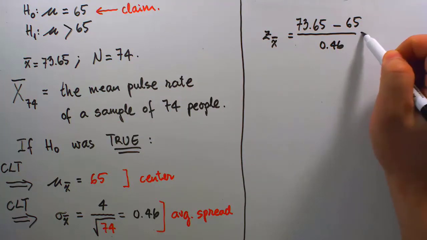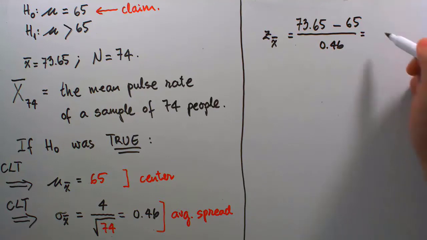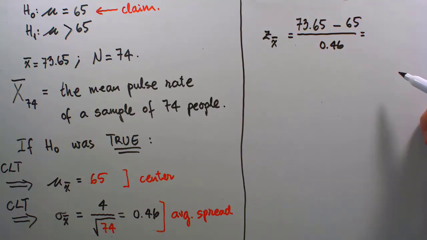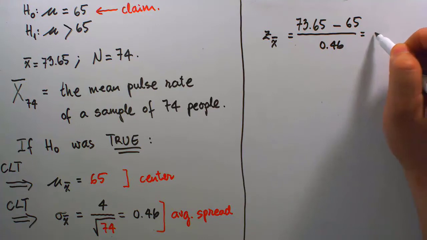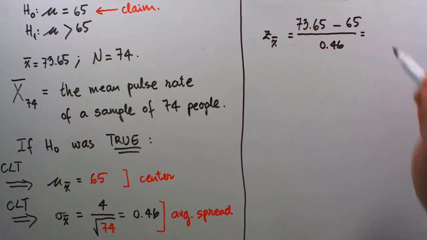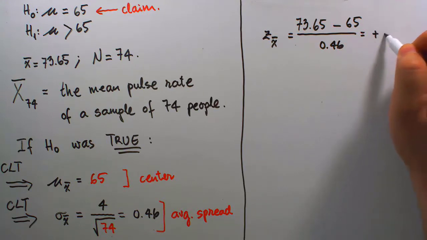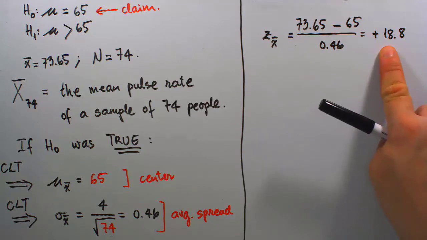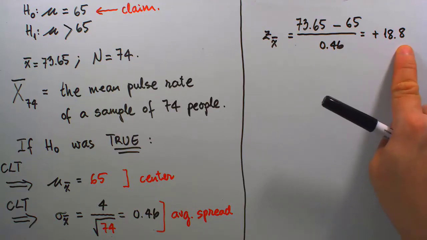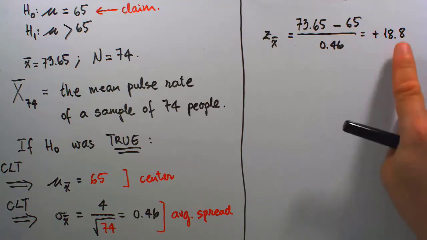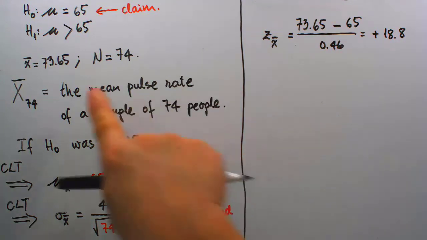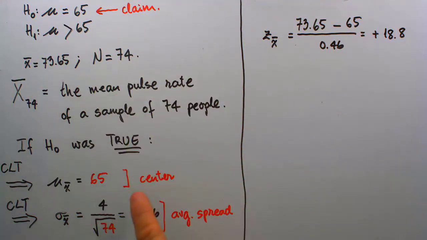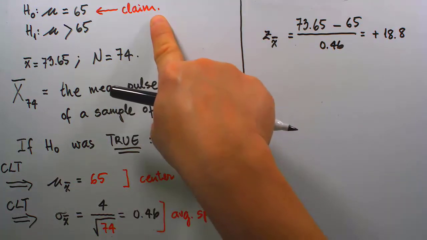And so again, unless being specified otherwise, any z-score is rounded to 2 decimal places. So here I would go with my z-score finally concluded in the final calculation to be positive 18.8. With a calculation like this, I have no choice other than writing that with just 1 decimal place, 18.8. But that is the z-score indicating how far my sample stands relative to the center of all sample mean values, if that claim was accepted.